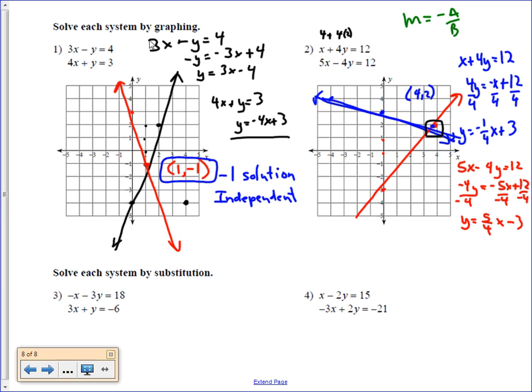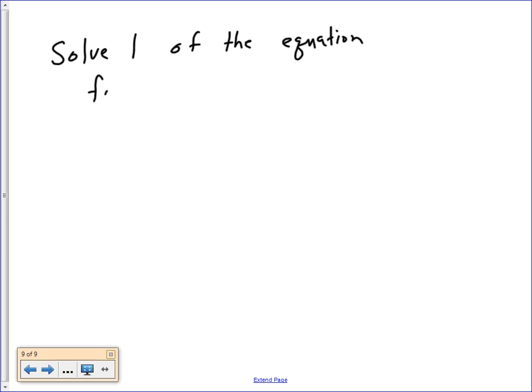The way substitution works is like this. You have to solve one of the equations for one of its variables. Which equation? Which equation do you solve?